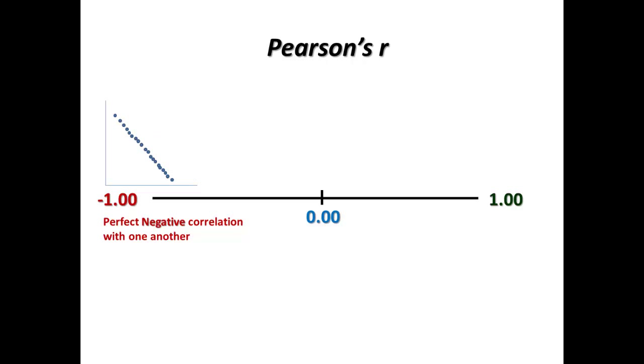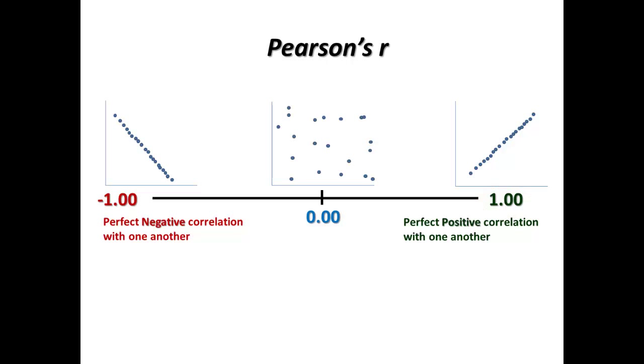So that would end up with a Pearson's R of negative 1.0. On the other end, if you saw something much more in the positive direction, again in pretty much a straight line on the way up, an upward slope, that would indicate a perfect positive correlation between the two variables. And of course no correlation shows up in the middle as a 0. The points are plotted all over the place.